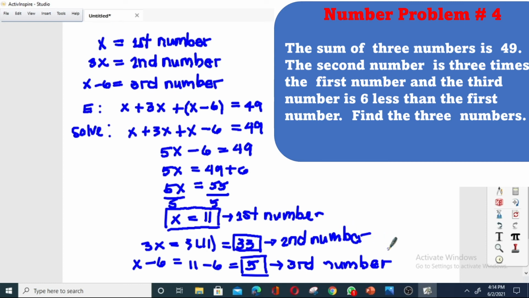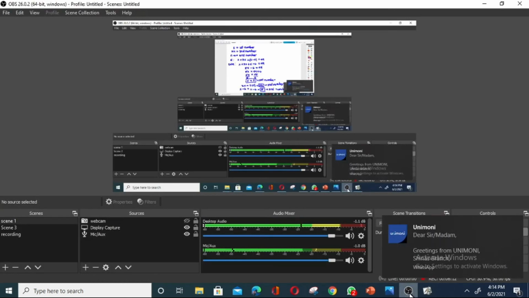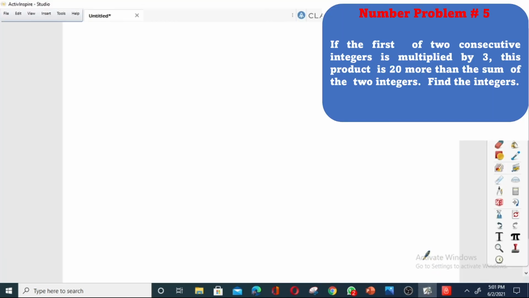Okay, so let's proceed to question number 5. If the first of two consecutive integers is multiplied by 3, this product is 20 more than the sum of the two integers.